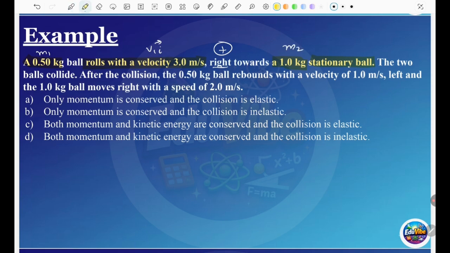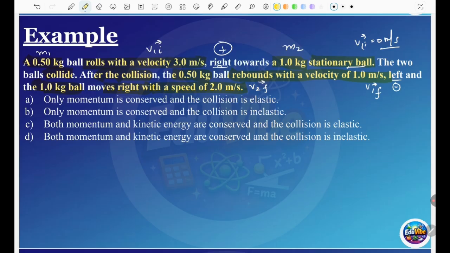The two balls collide. After the collision, the 0.50 kg ball rebounds with a velocity of 1.0 meter per second. So this is v1f, to the left, so it is negative. And the 1.0 kg ball moves right with a speed of 2.0. This is v2f, to the right. Since m2 is stationary, v2i is equal to 0 meters per second.